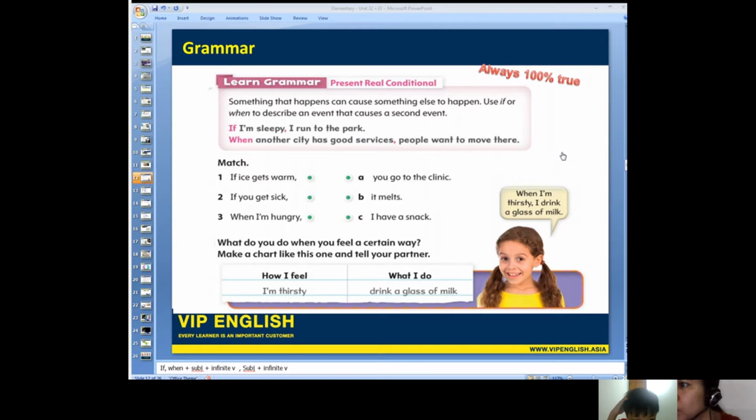If something happens, it can cause something else to happen.